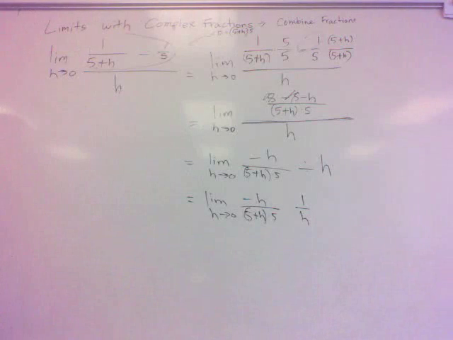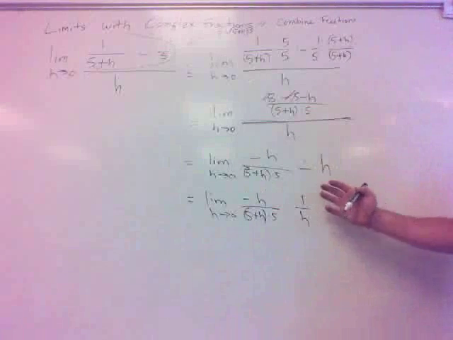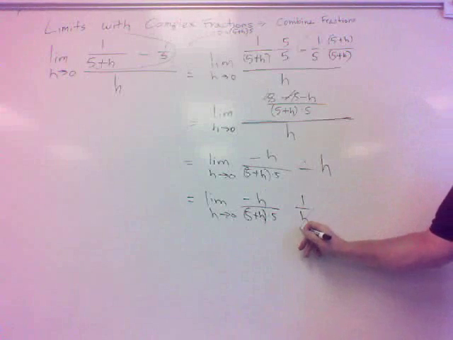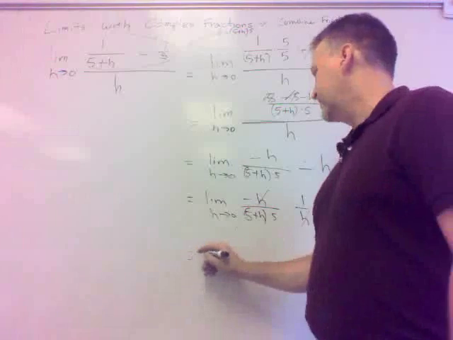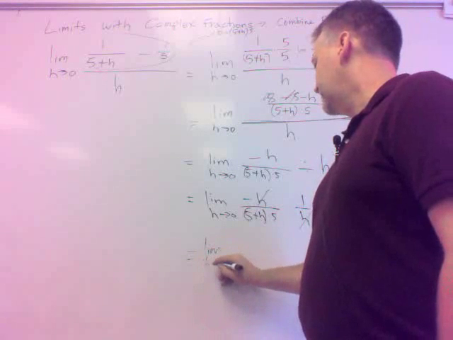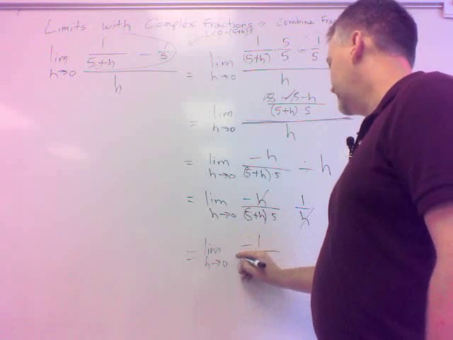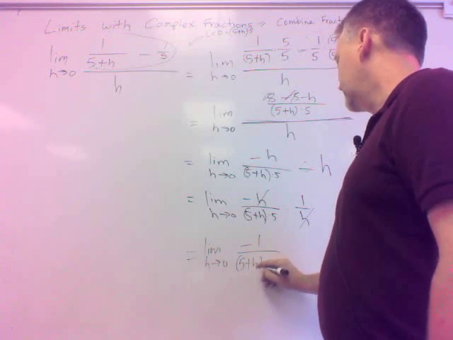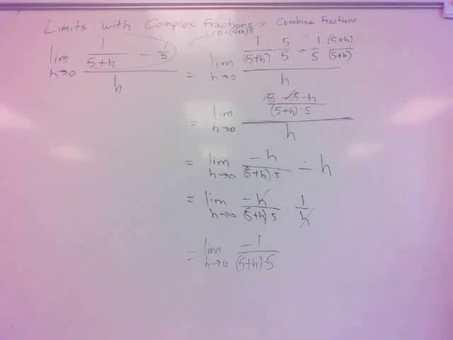And why would I want to do it that way? Well, since I have now this format, can I cancel these h's out? I've got an h in the denominator and an h in the numerator. So yeah, I get the limit as h approaches 0 of minus 1 on top, 5 plus h times 5 on the bottom. Now what?